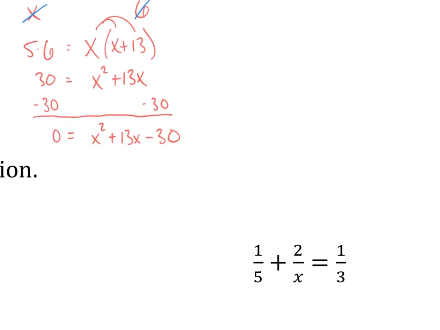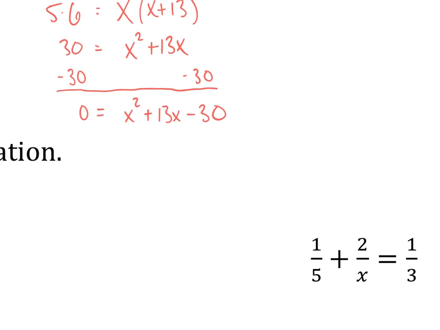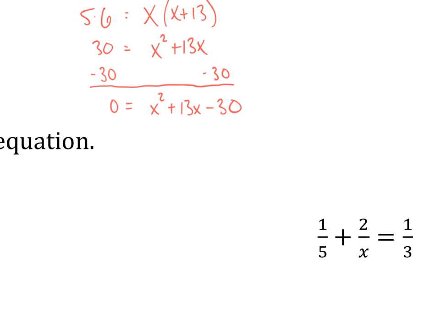And now it's just a regular old quadratic. Now the way that we tackle quadratics is we can use the quadratic formula, but that's a backup plan. So we don't want to use that if we can double bubble, because double bubbling is the best. And fortunately for us, this quadratic double bubbles, and we get x plus 15 times x minus 2.